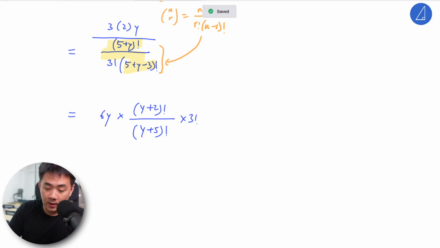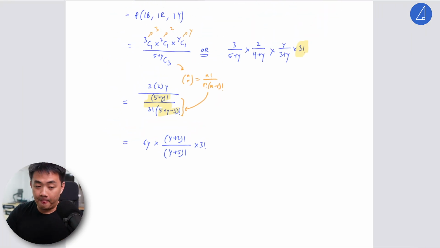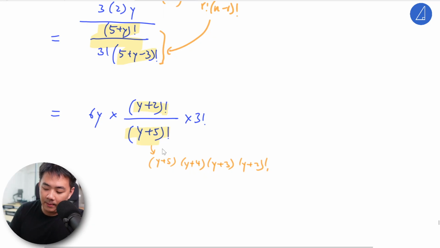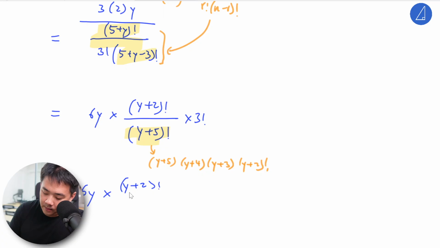This one will be y plus 5, y plus 4, y plus 3, y plus 2 factorial. You pick the larger one of these two. So y plus 5 is the largest, so that you can cancel. So this one will be 6y times y plus 2 factorial over y plus 5, y plus 4, y plus 3, y plus 2 factorial.